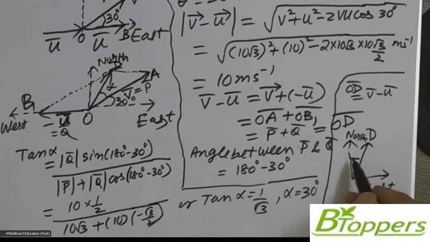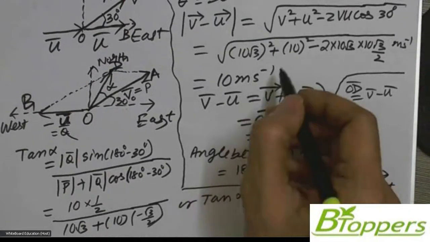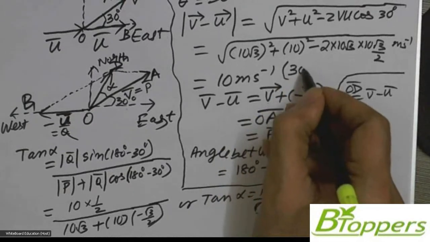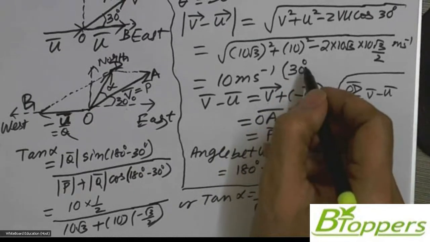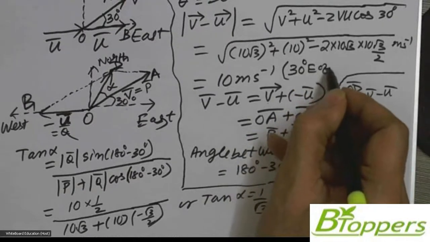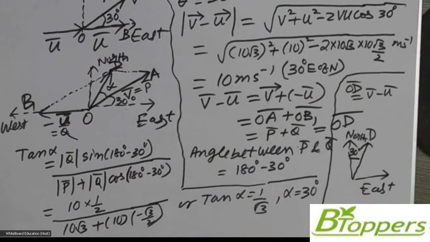This angle will be 90 minus 60, that is 30 degrees. That means the change in the velocity vector makes an angle of 30 degrees with the north direction, inclined towards east. So the answer can be written as 10 meters per second in the direction 30 degrees east of north.